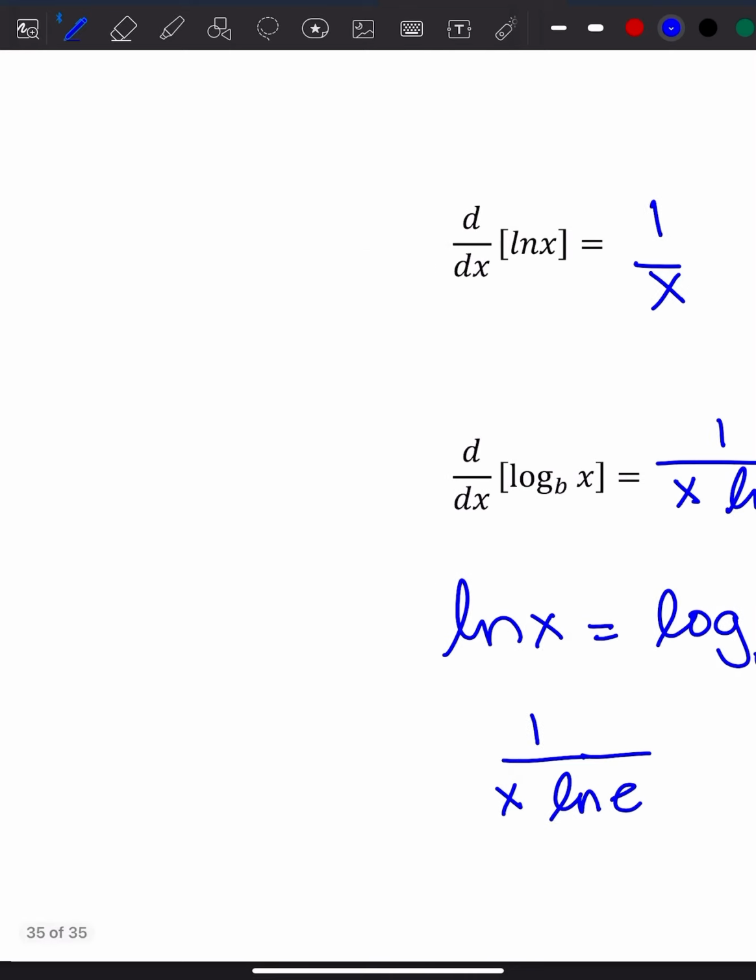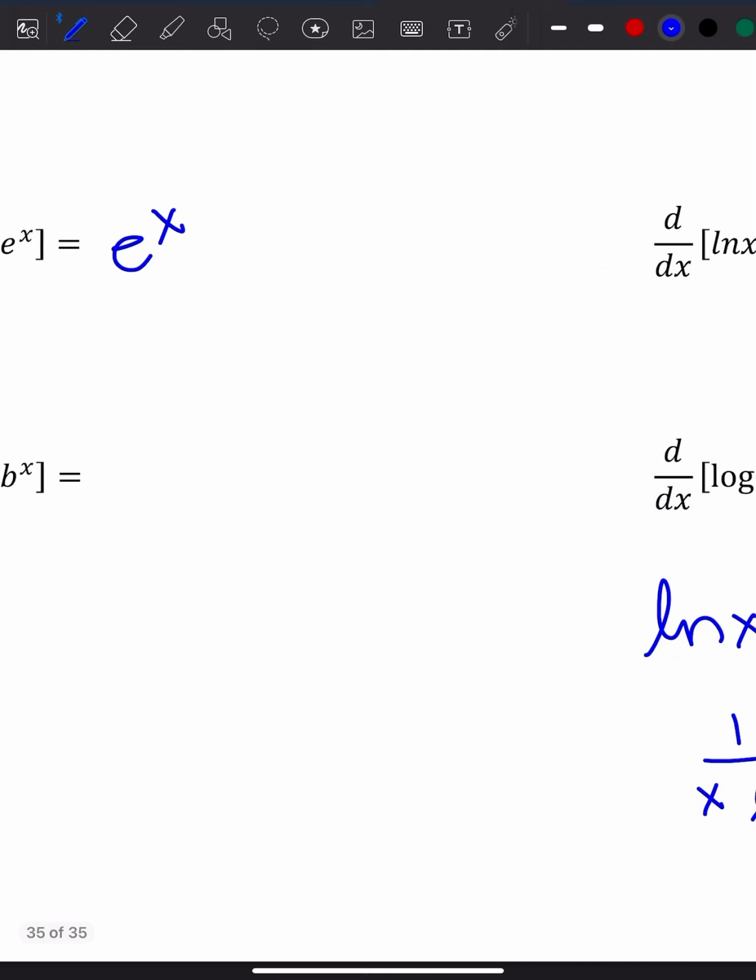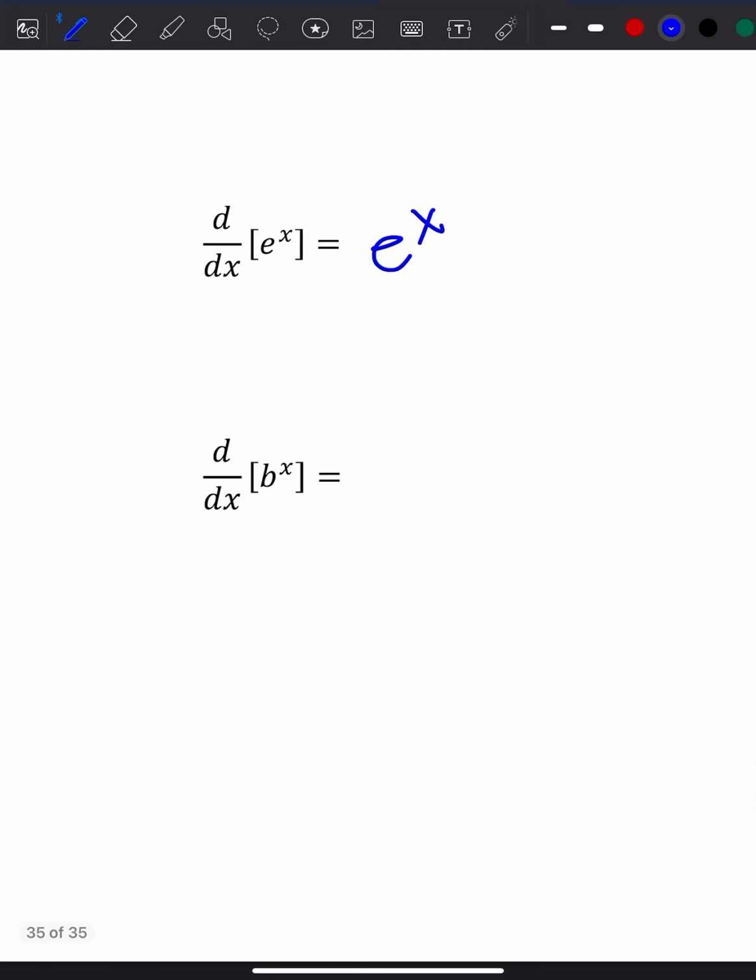Okay, now on the other hand, when we look at the derivative of b to the x, b to the x is just like e to the x, where we are going to have that same kind of thing in our problem. So we're going to have b to the x show up in our problem again. Then, just like our natural log, we multiply it by the natural log of whatever our base is.